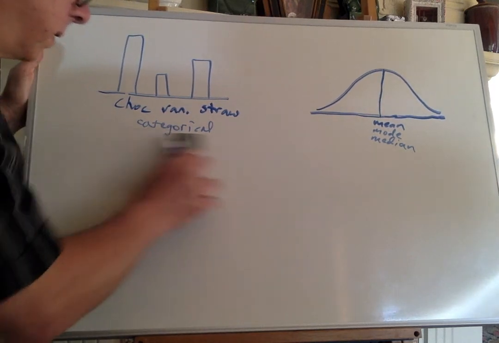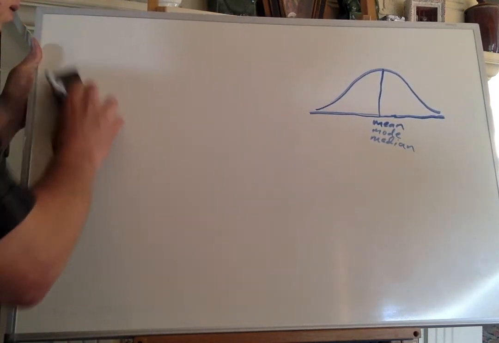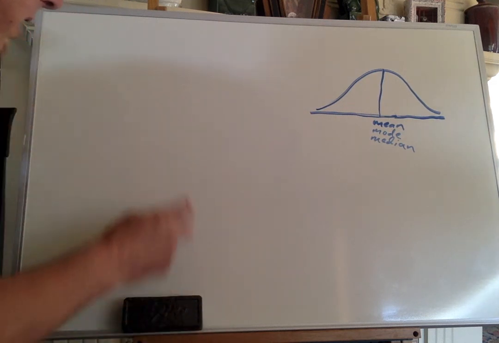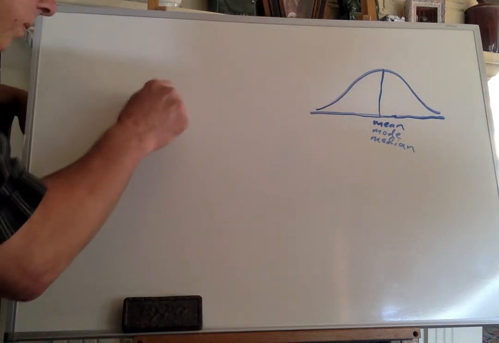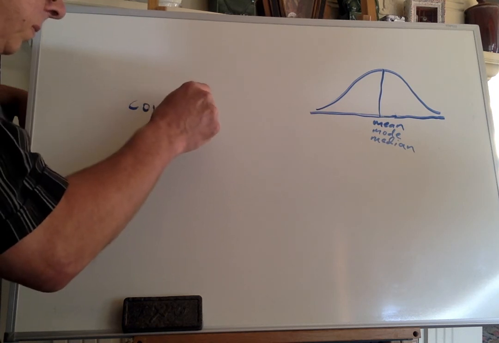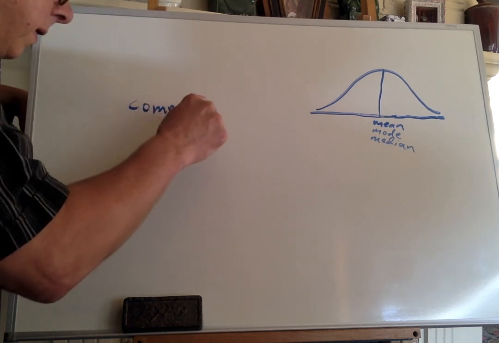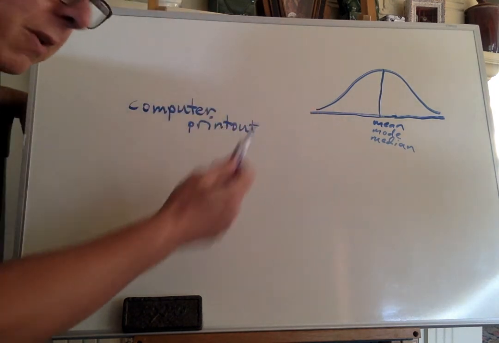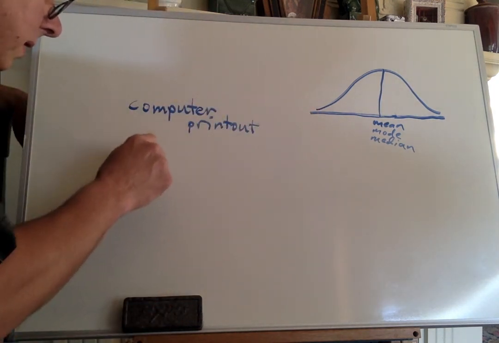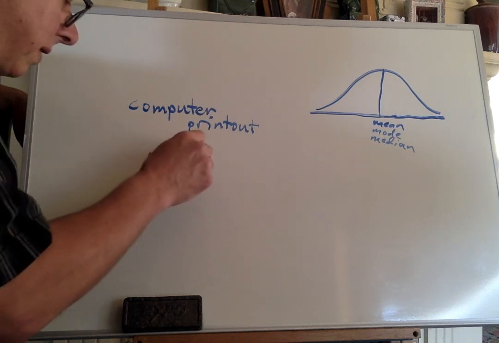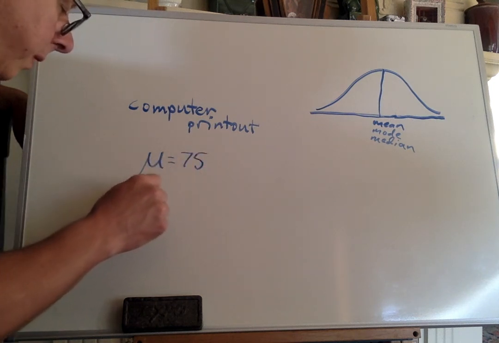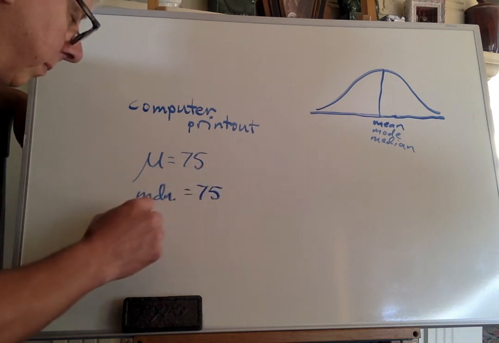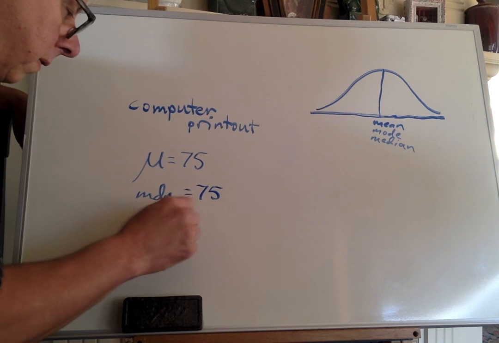One more thing, because now I want to go in another direction. Oftentimes you don't see the graph, just your computer printout. Say it says the mean is 75, the median is 75, the mode is 75.